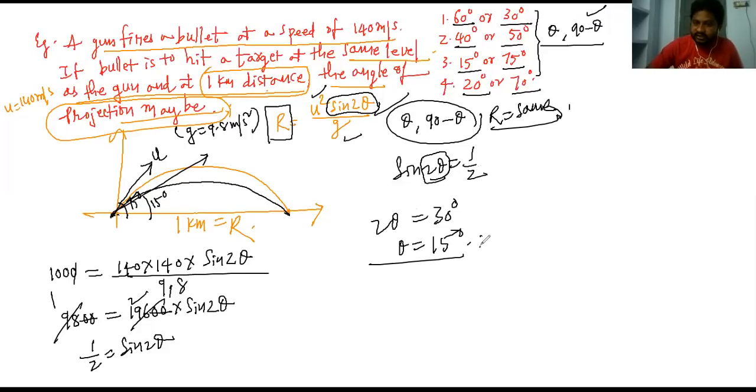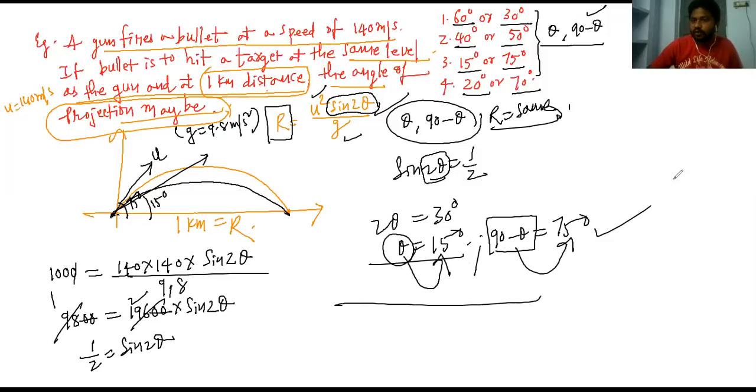So when theta is 15, your 90 minus theta value is 90 minus 15, it's 75 degrees. For this 90 minus theta, as for this theta, you get the same range. Understand? So that is what the correct option is, 15 and 75. I hope you understand the situation here. Alright? Clear?